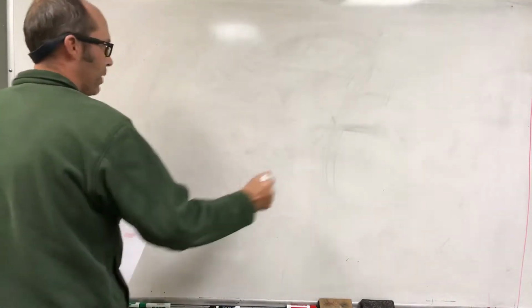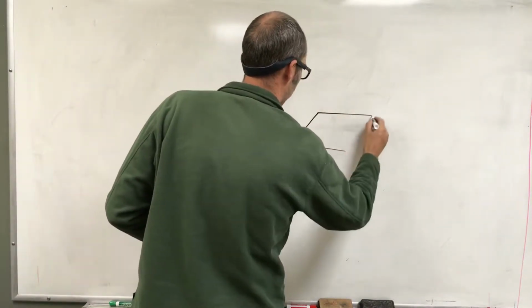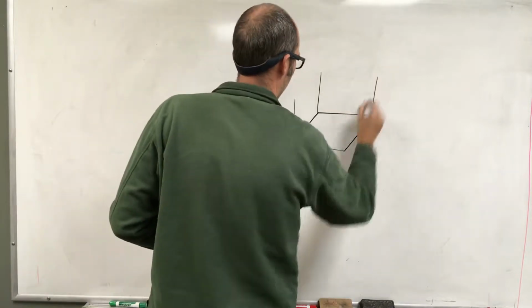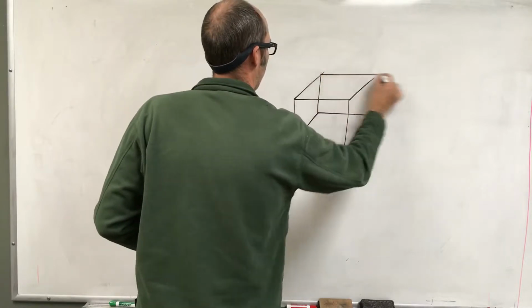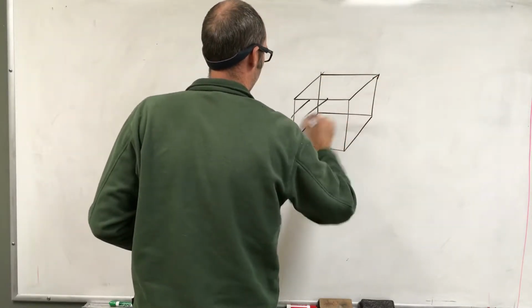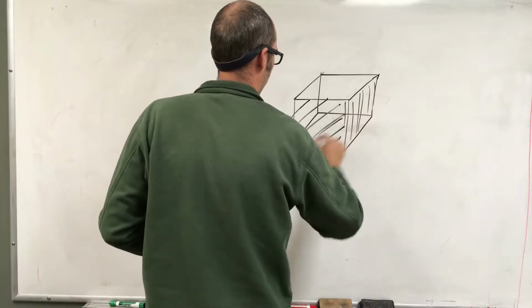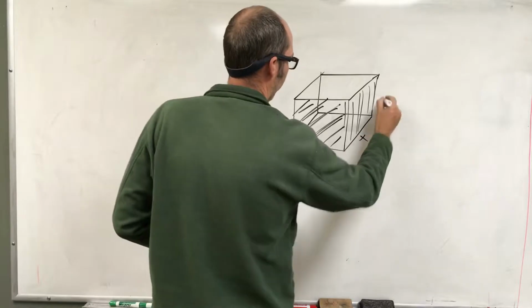Okay, so basically what's going on here, let me draw the box. We got x, x, and h.